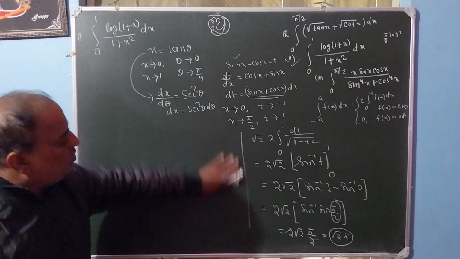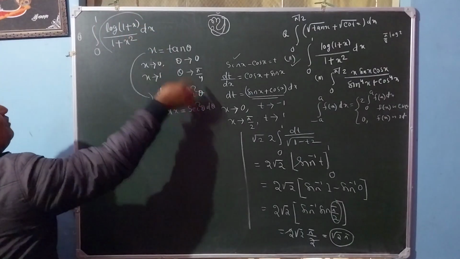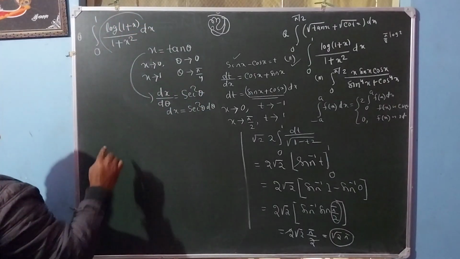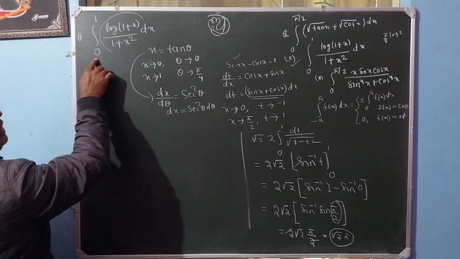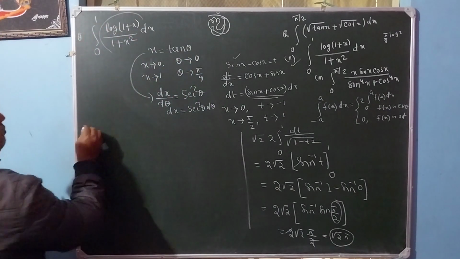So now the integral becomes, in place of x we put tan theta, in place of 0 we put 0, in place of 1 we put pi by 4.